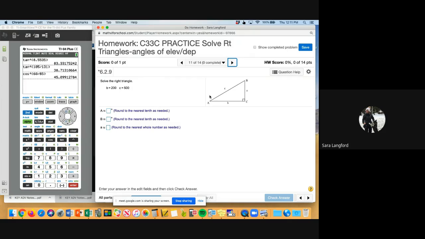So let's look at side A. B and C to side A are adjacent and hypotenuse. So adjacent and hypotenuse, that's the cosine. So we can say the inverse cosine, and this is for angle A, is the adjacent side, which is 200, divided by the hypotenuse, which is 500. And that will give the angle.